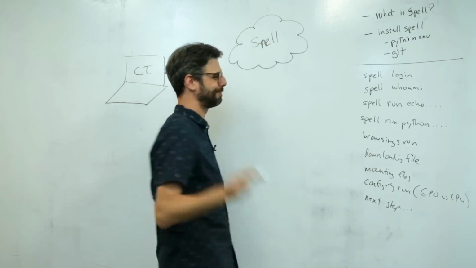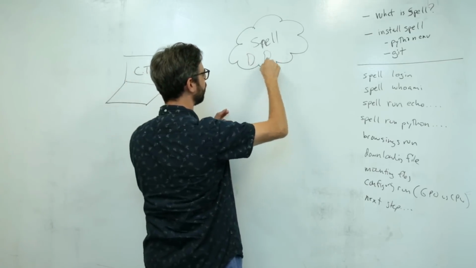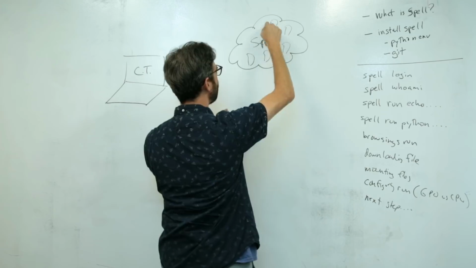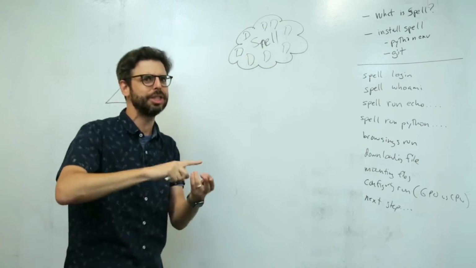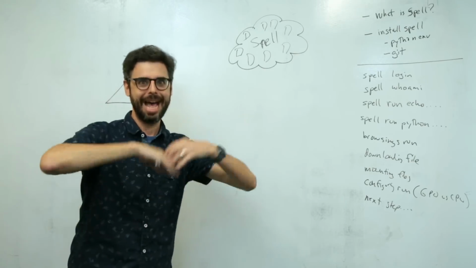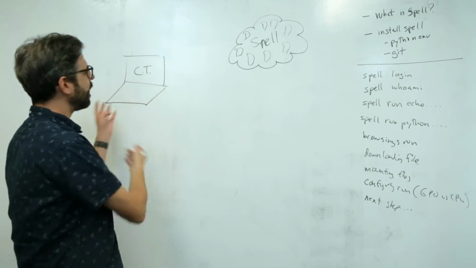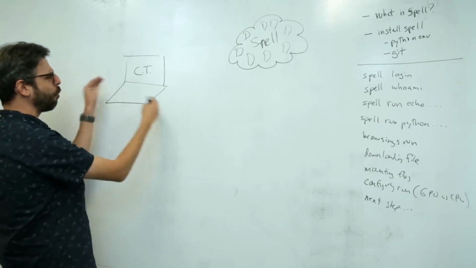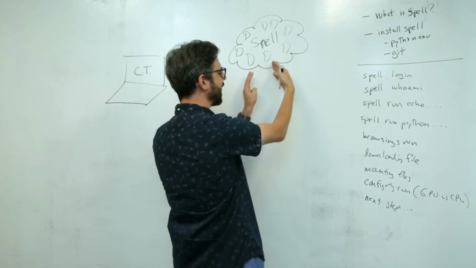If I could spell Spell, that would be good, which has lots and lots of computers sitting there somewhere in the cloud. They have computers with different CPUs and GPUs, and I'll get to that as we go through all this material. So typically, if I'm talking about client-server, I might be saying you program your website, then you upload your website to some server, and then other people can access your website.